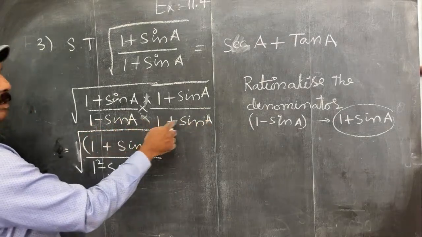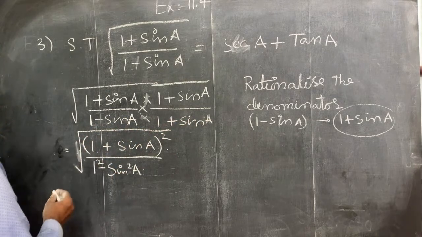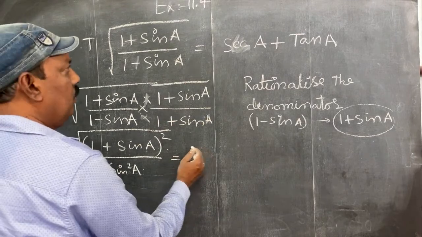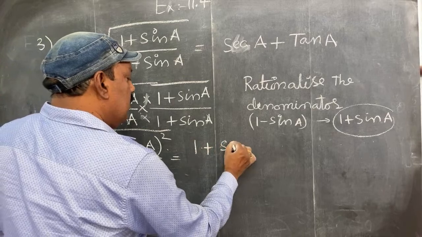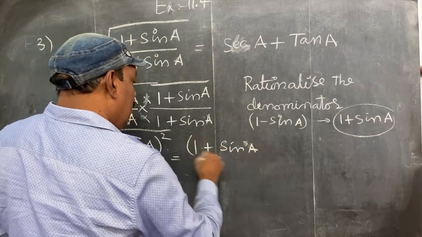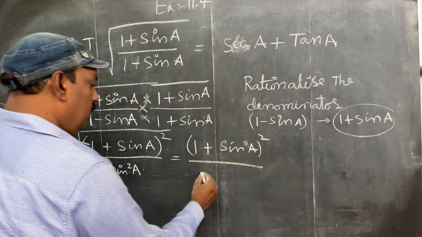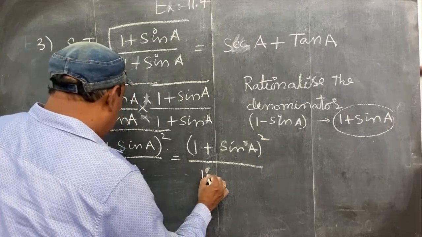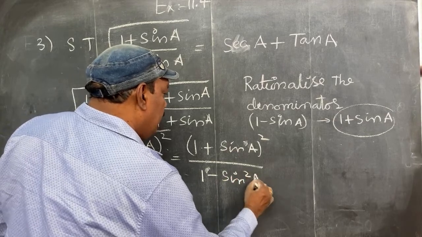A minus b into a plus b gives a square minus b square. So whenever you get this concept, you keep 1 plus sin A whole square as it is, divided by 1 square, that is 1, minus sin square A.